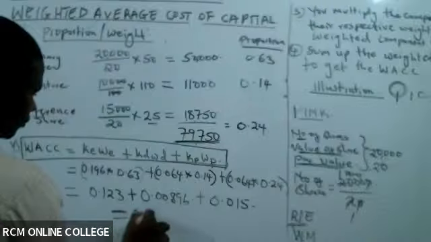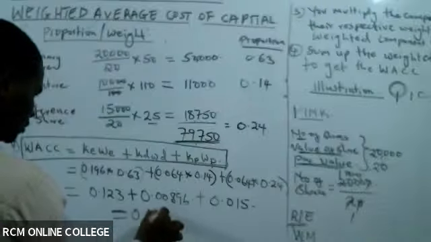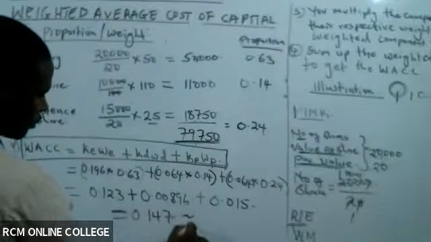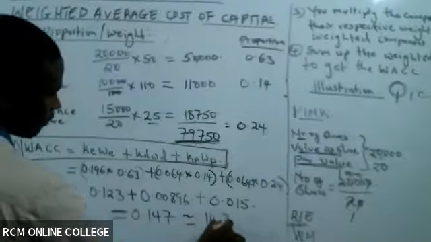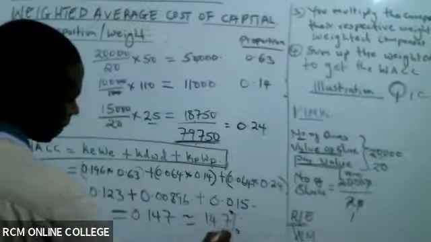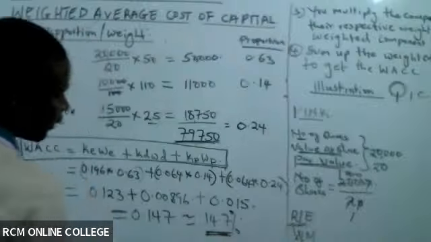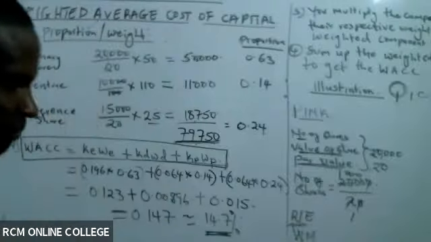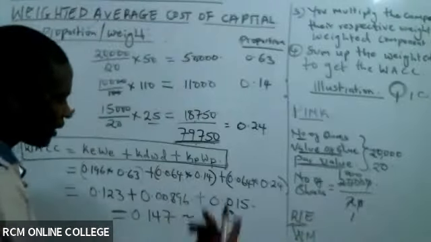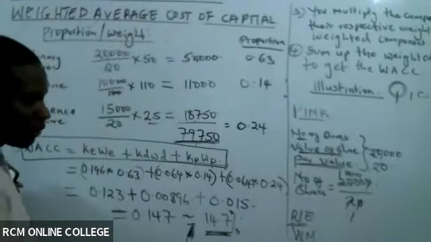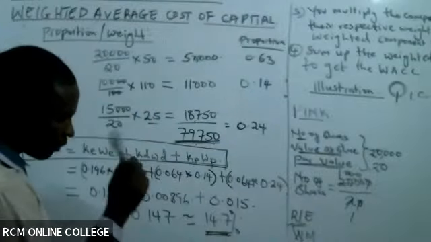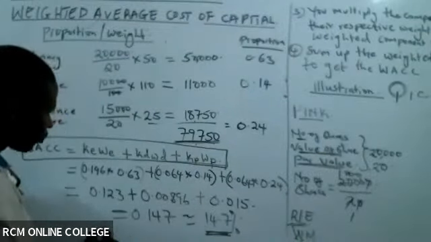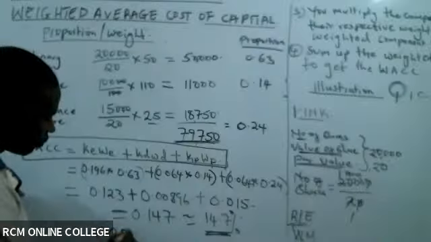This is 0.147, which will translate to 14.7%. And that is, sasa, just imagine the time value of money, walikuwa wanatupatia the cost of capital.